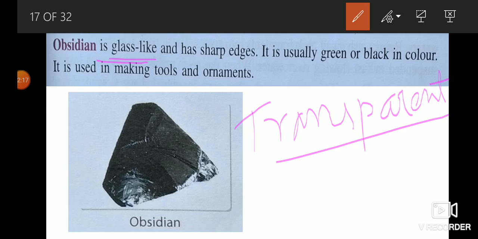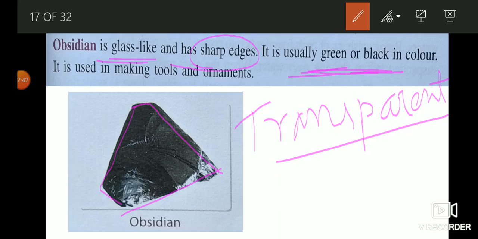And they have another feature, that is their sharp edges. That means the edges are very much sharp, and they are found basically in the color green and black. So these two kinds of color you will find basically in the case of obsidian rock.